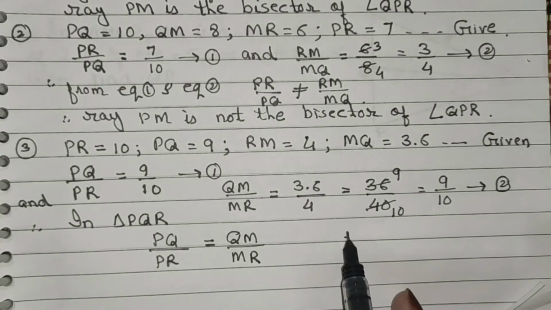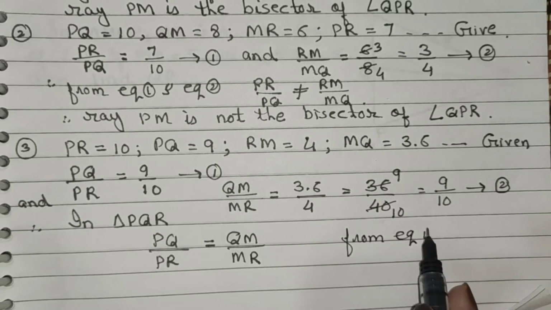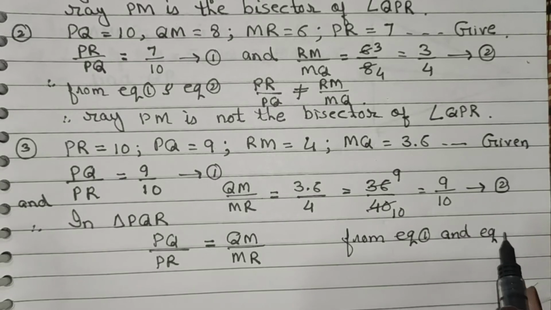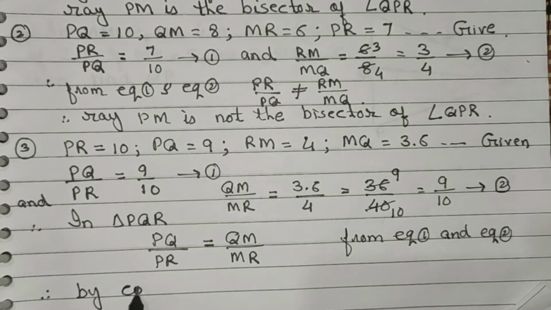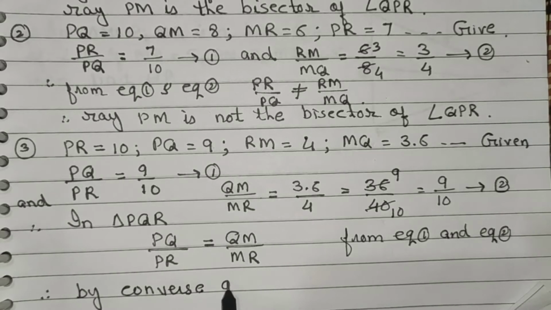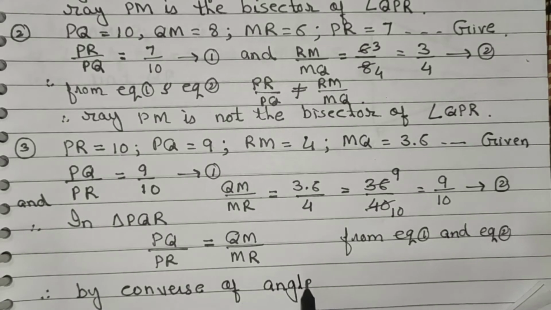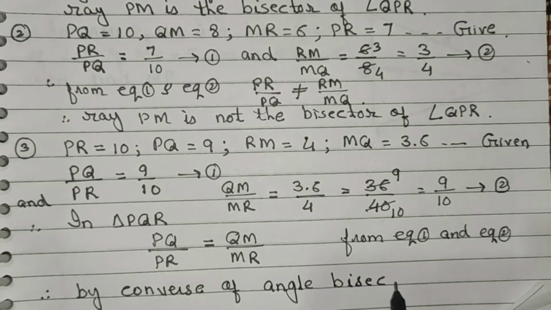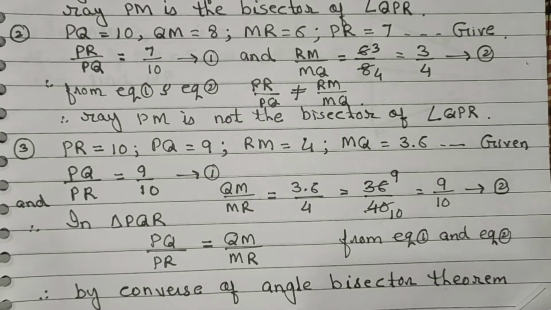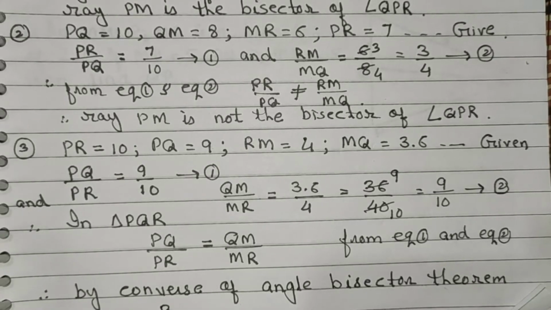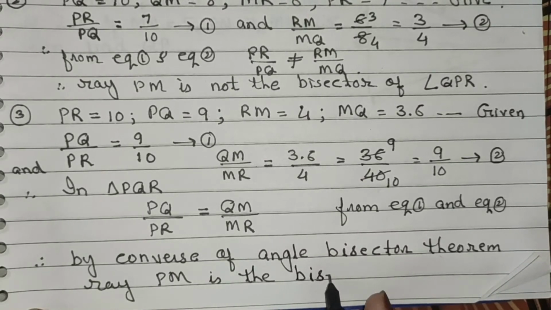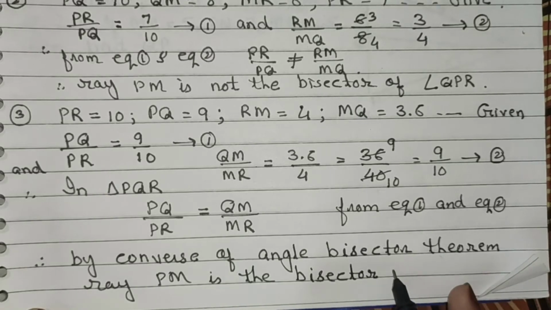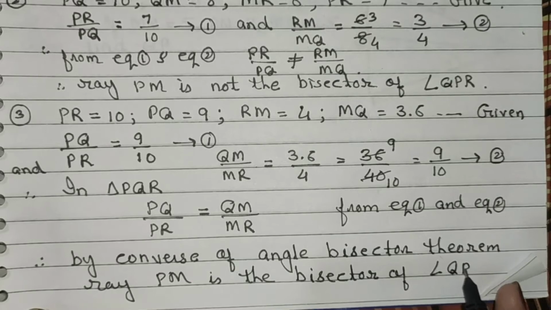Therefore, from equation 1 and equation 2, write down here, therefore, by converse of angle bisector theorem, ray PM is the bisector of angle QPR.